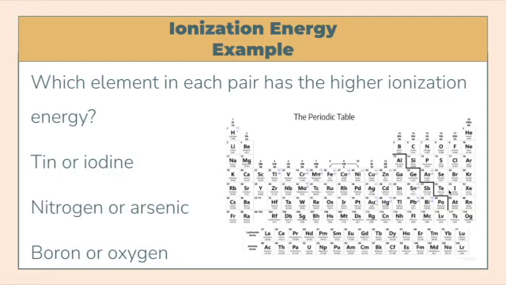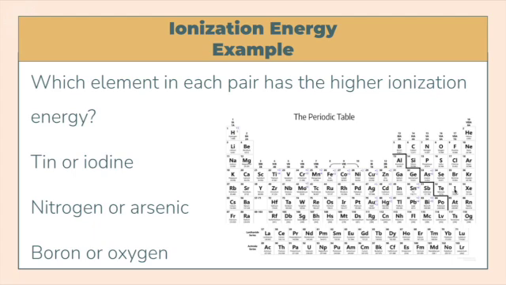So let's look at some example problems together. We want to know which element in each pair has the higher ionization energy, so which one requires more energy to remove an electron. The first one, we're looking at tin, which is number 50, and iodine, which is number 53.